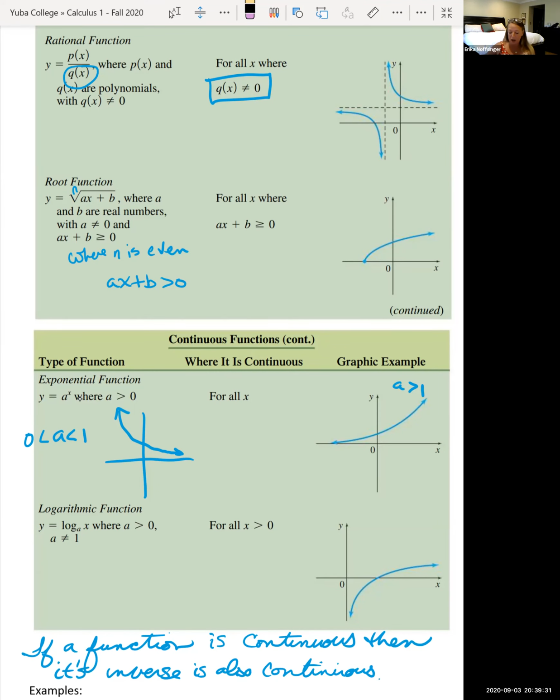You just have to think about domain and range of functions and their inverse.